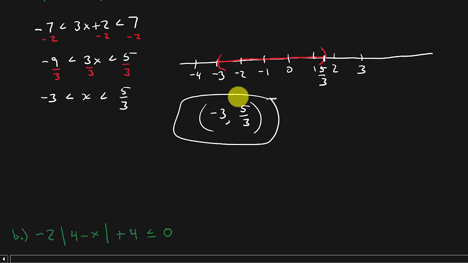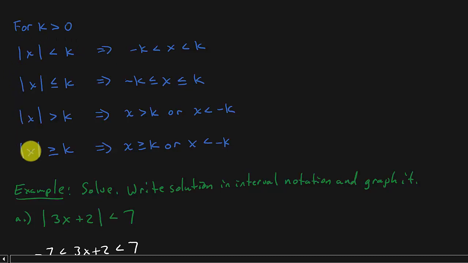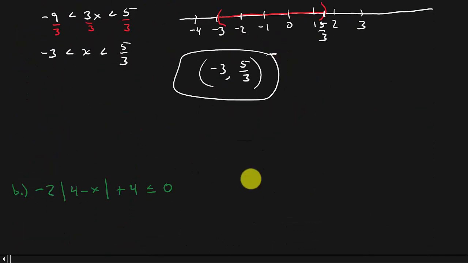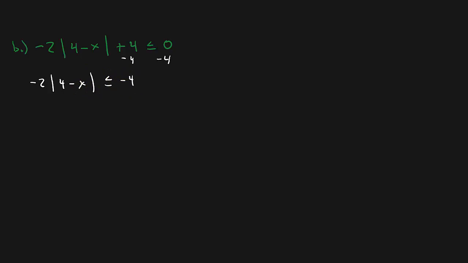Well, that's not the case, because if you notice in all of these, the absolute value is on one side by itself. So before we can decide which one to use, we've got to get this absolute value by itself. I'm going to subtract 4 from both sides, and that gives me -2 times the absolute value of 4 minus x less than or equal to -4.